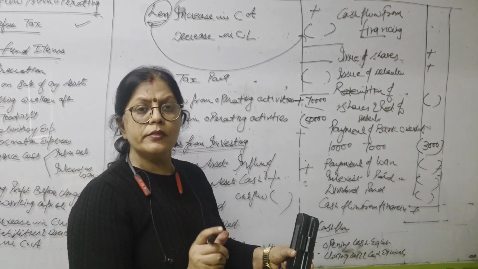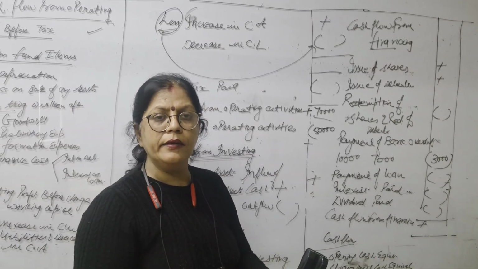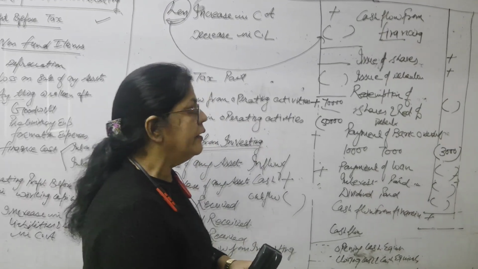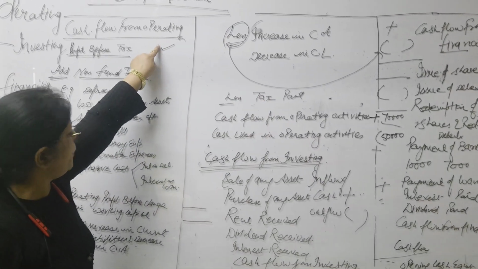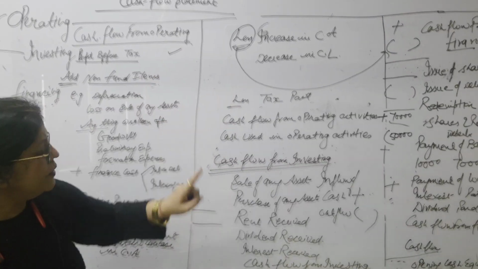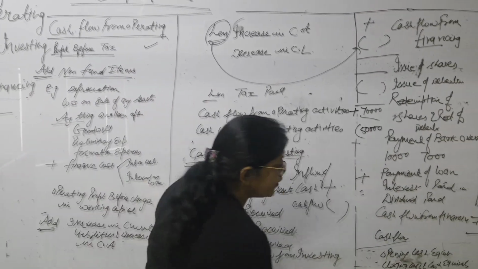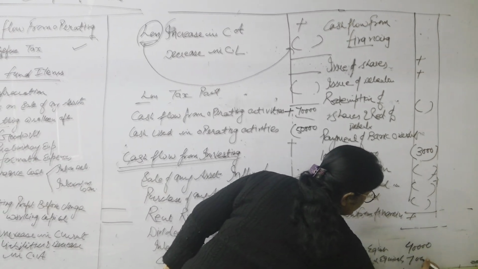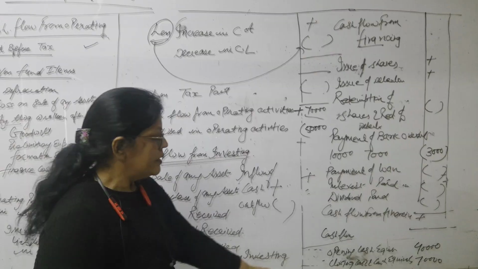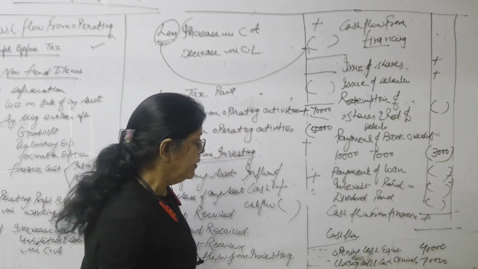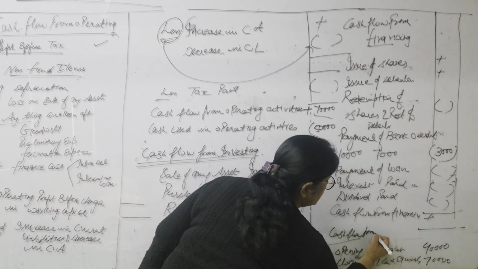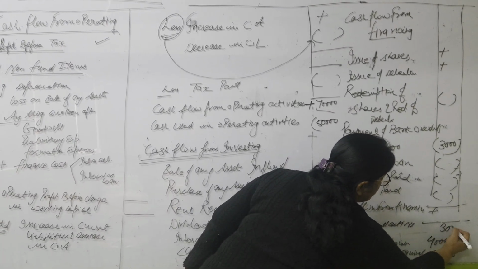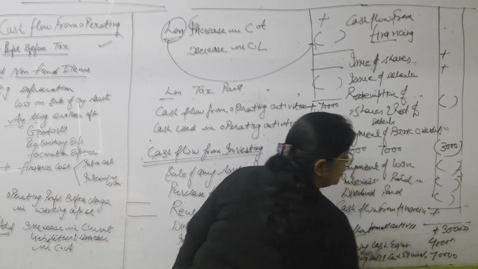The difference between closing cash and cash equivalent and opening cash and cash equivalent will be the same of operating, investing and financing. For example, opening cash 40,000 and closing cash 70,000. 70 minus 40, then cash flow from all activities must be 30,000 plus.